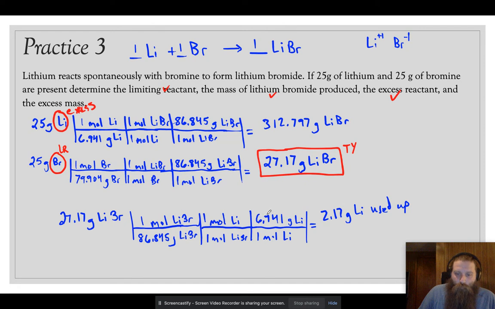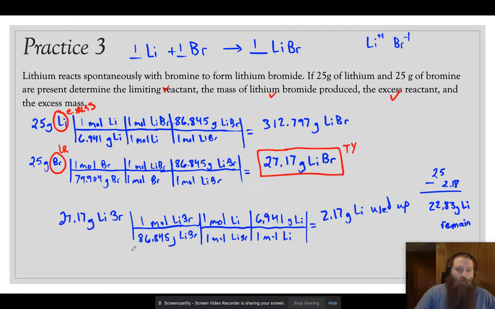We're used up, but it says how much is the excess mass, what remains. So we started with 25, so we do 25 minus 2.17. There we go. 25 minus 2.17 tells me 22.83. 22.83 grams of lithium remain.